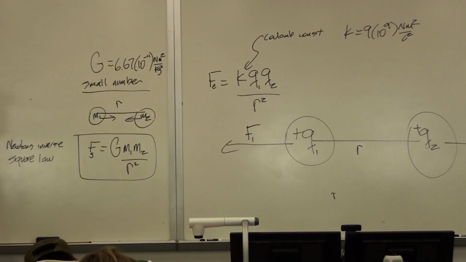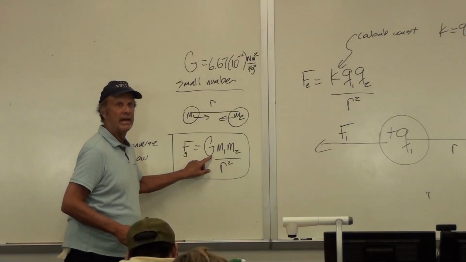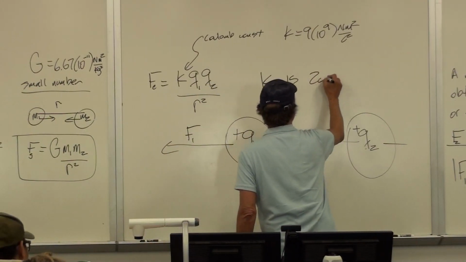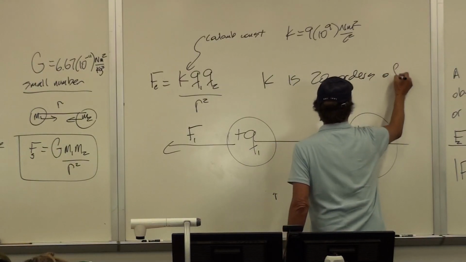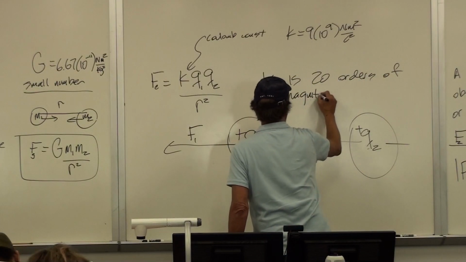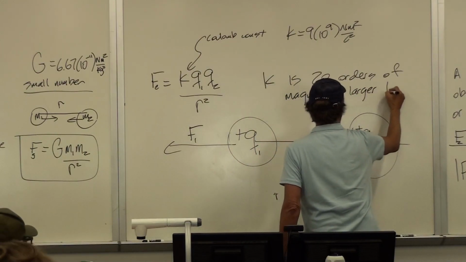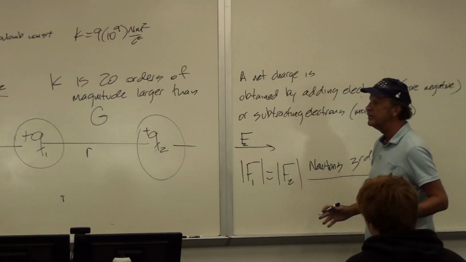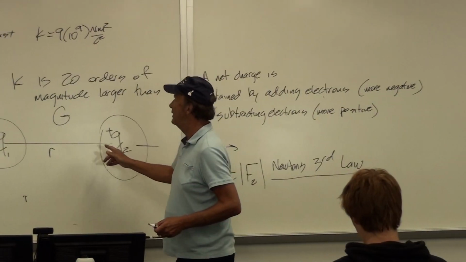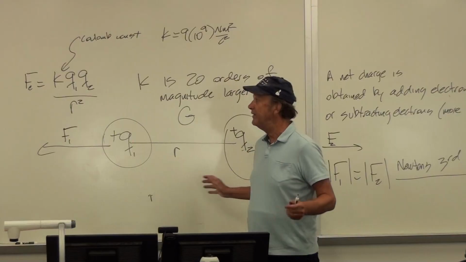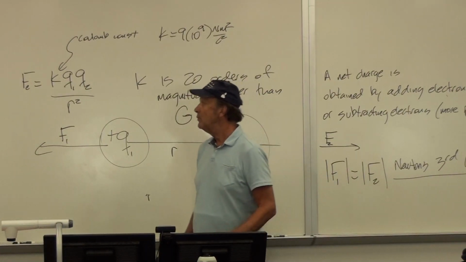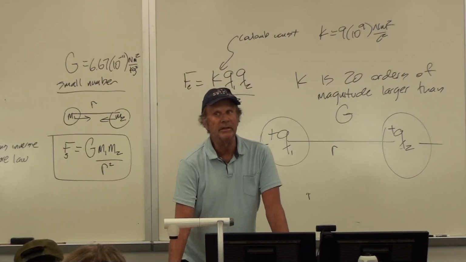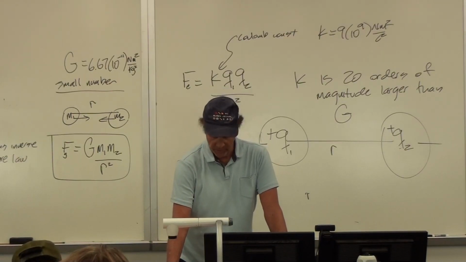But one thing that we'll notice here is that K is 20 orders of magnitude bigger than G. And so that means that if we were going to look at the forces between, say, a proton and an electron, there were electrical forces, and then compare those to the gravitational forces, we could be dealing with a difference of maybe 10 to the 30th power difference between the electric forces and the gravitational forces.